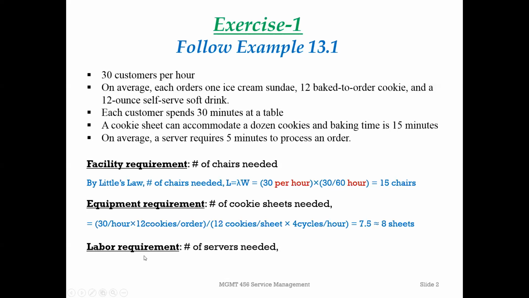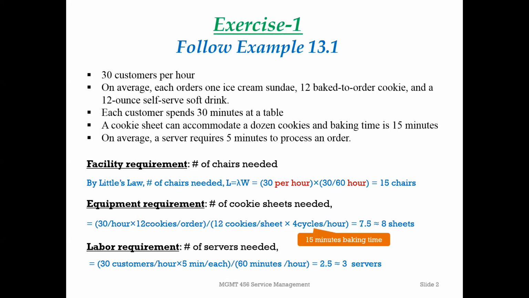The last one is about labor requirement. We want to figure out how many people we need to hire to serve all the customers. Again, we're going to do a division. In the numerator, we are going to serve 30 customers per hour. To serve those customers, each customer requires 5 minutes.